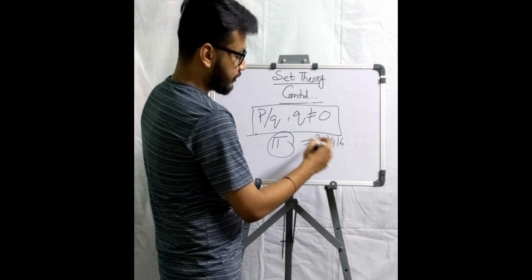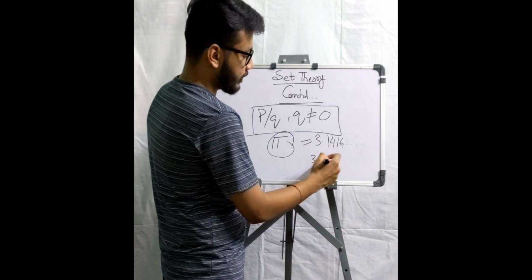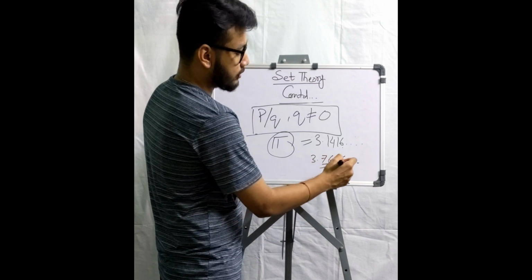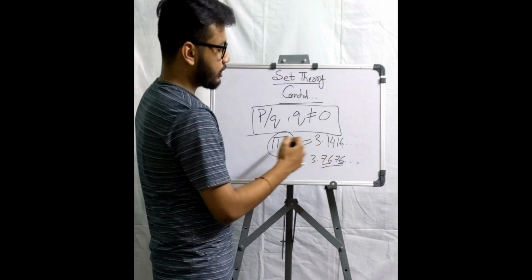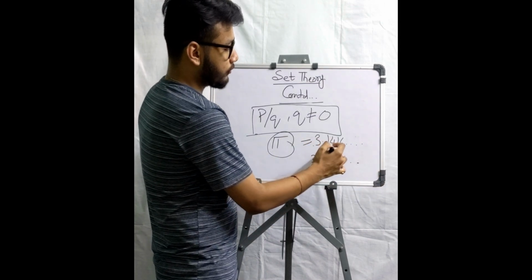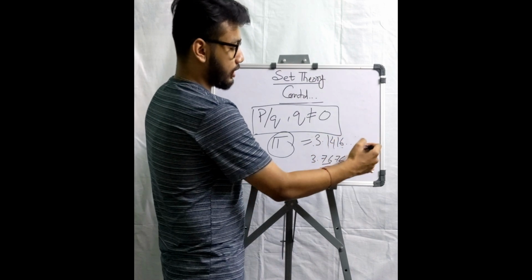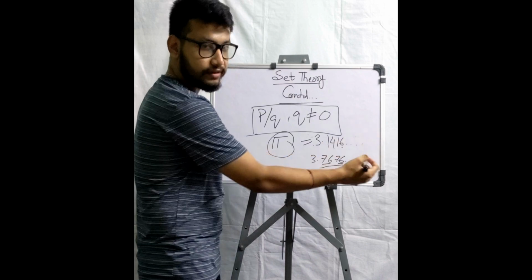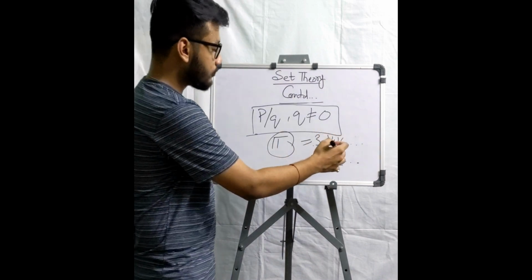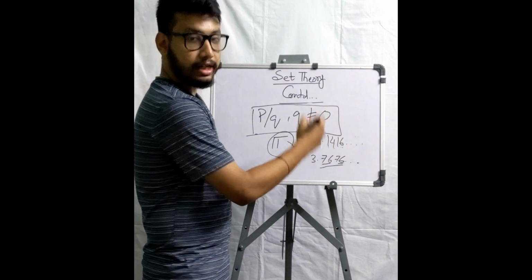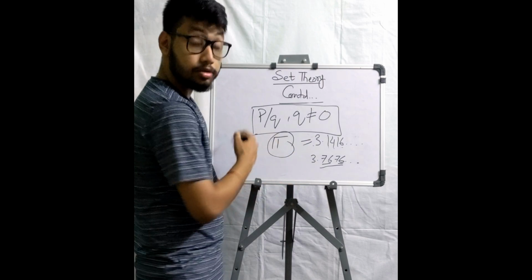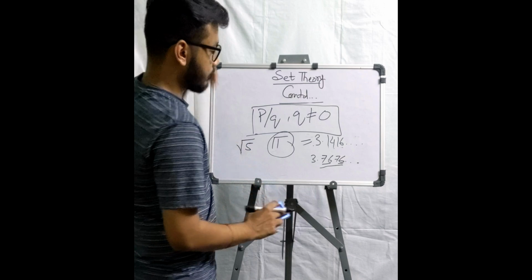For example, 3.7676 is a recurring number because 7676 is going to continue. But in the case of pi, 3.1416, it is not going to recur. At every place the digit is going to be different. So pi is an irrational number. Similarly, the square root of 5 is also an example of an irrational number.